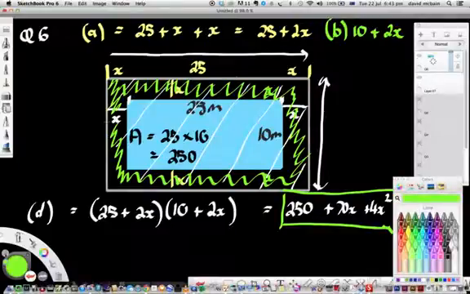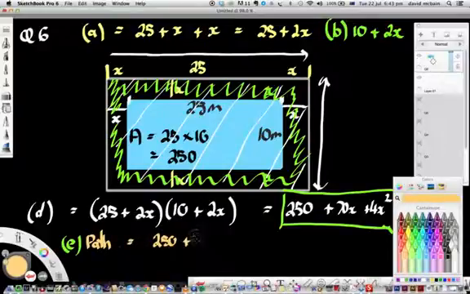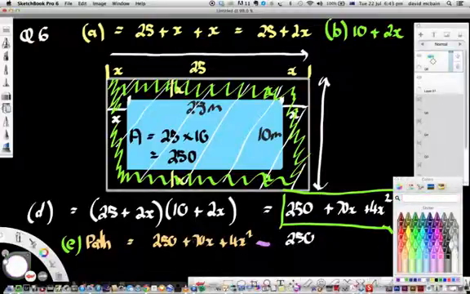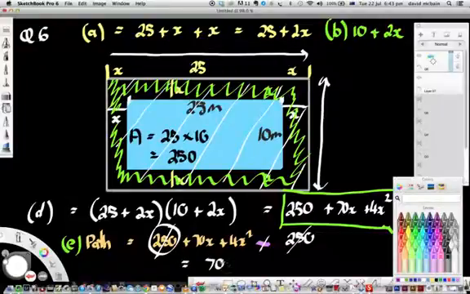So the area of just the path, this is part E of question 6, the area of just the path only, is going to equal 250 plus 70x plus 4x squared minus the area of the pool, which is 250. So 250, take 250, cancels. So we're left with 70x plus 4x squared as the area of the path.